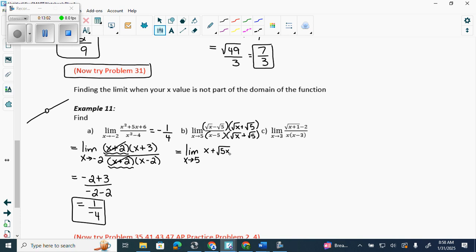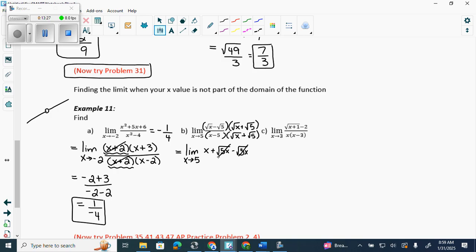Remember, when you multiply radicals, you multiply outside times outside, inside times inside. So coefficient times coefficient, radicand times radicand. And then we get negative root 5 times root x is negative root 5x. The reason why you multiply by conjugates, which are opposite terms, is because the two terms that have radicals are going to cancel off, because one's going to be positive and one's going to be negative, right? That's the reason why we do conjugates: opposite signs.